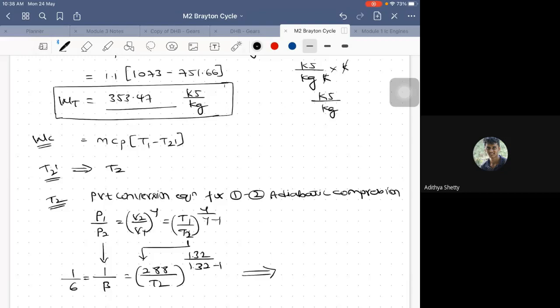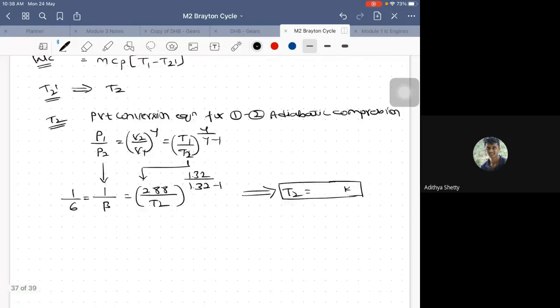So from this, what is the value of T2 that you are going to get in Kelvin? So once you get T2, what you have to do again, go with the efficiency of compressor equation. It is the reverse. Here it is isentropic work divided by actual work.